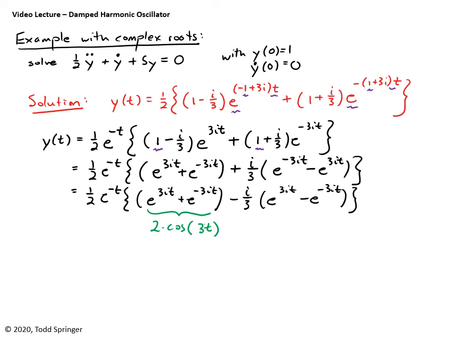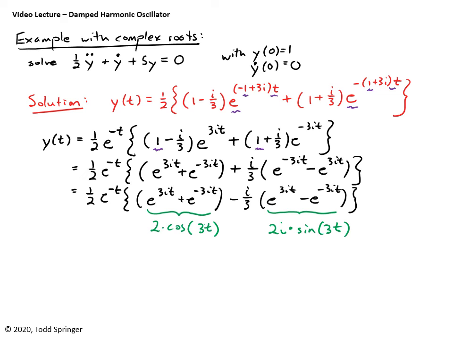And then here, e to the 3it minus e to the minus 3it, this is 2i times the sine of 3t. If you can't see that, you go back to the lecture on Euler's formula. So this is a simple application of Euler's formula: e to the i theta is cos theta plus i sine theta. And then everything kind of simplifies.